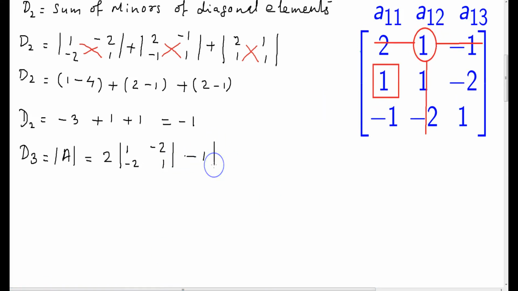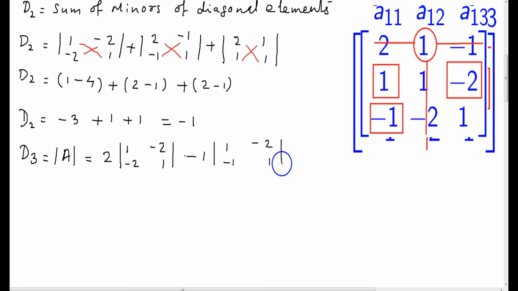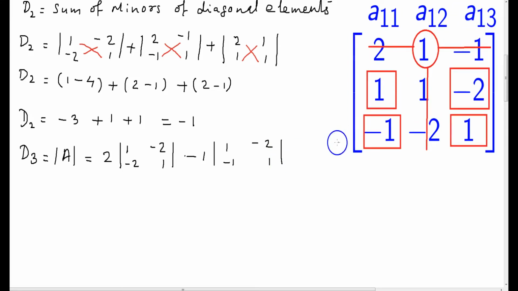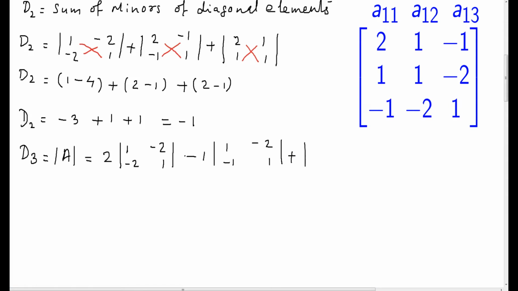Here A12 is 1 and minor of A12 is 1 minus 2, minus 1 1, plus A13 into minor of A13.